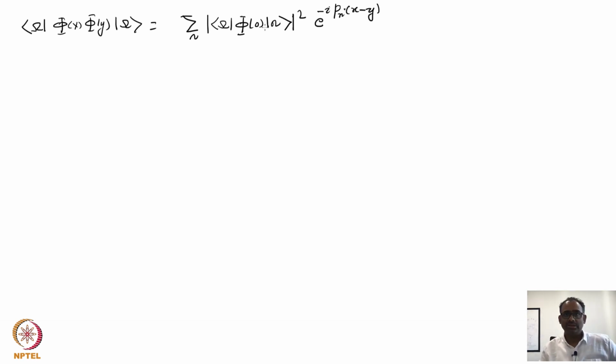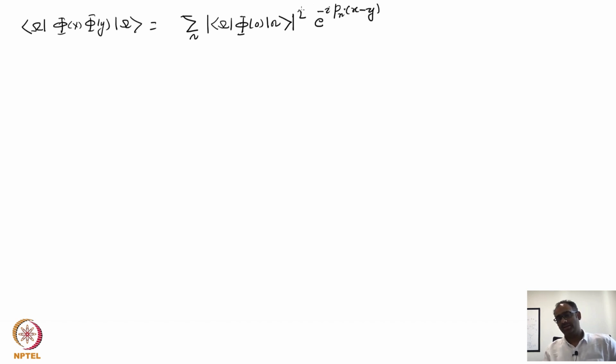So you see that because we have this translational symmetry, this object on the left hand side does not depend independently on x and y. It only depends on the difference x minus y.